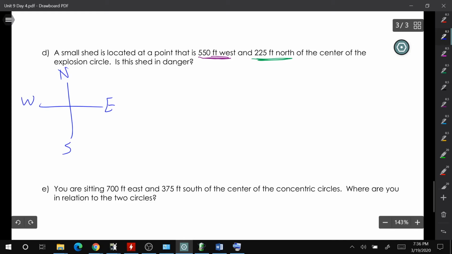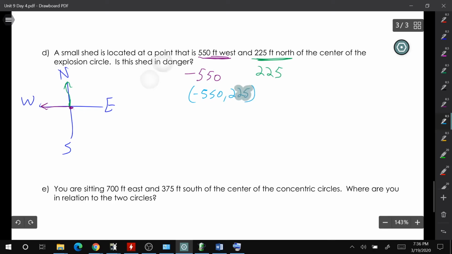So when it says 550 feet west, that means going in the left direction, so the x-coordinate would be negative 550. It says 225 feet north, okay? That's going up, so that's the y direction of positive 225. Our point is going to be negative 550, comma 225.